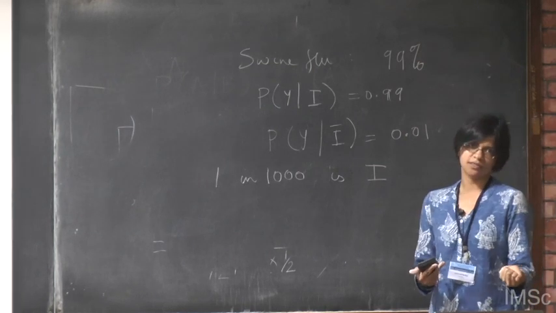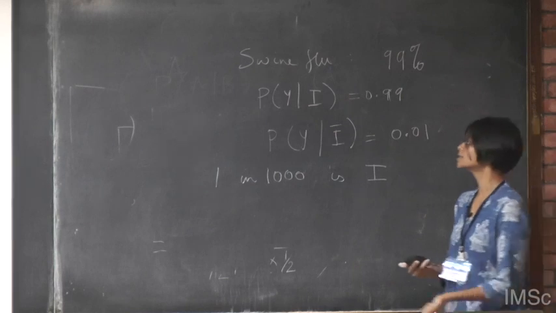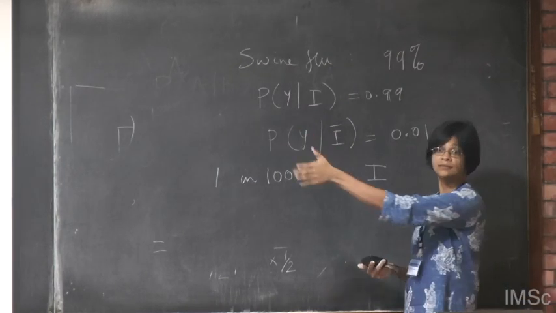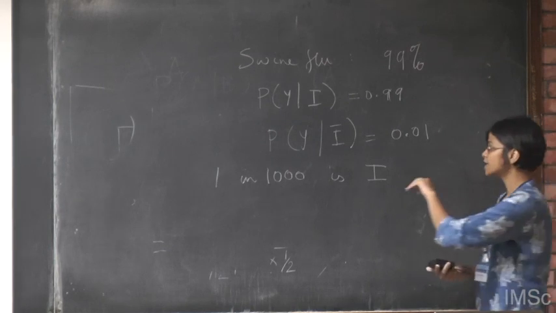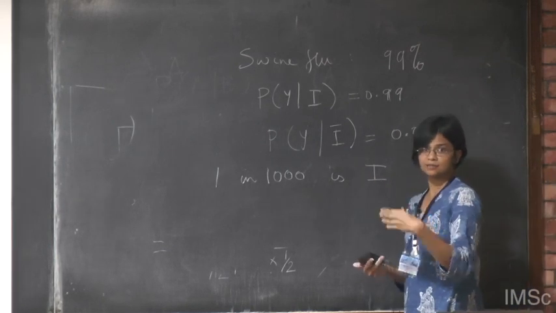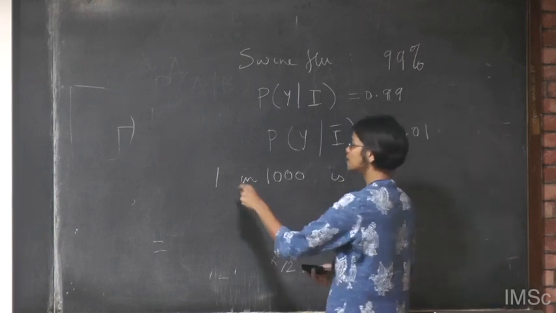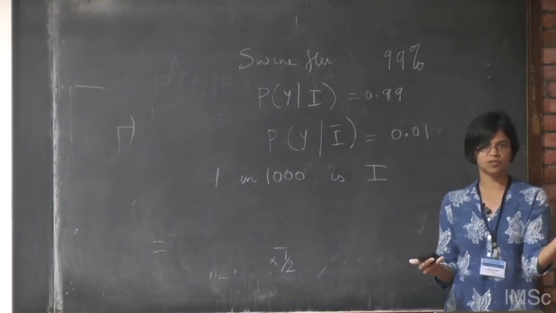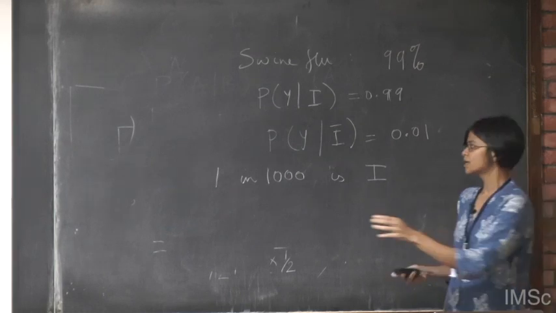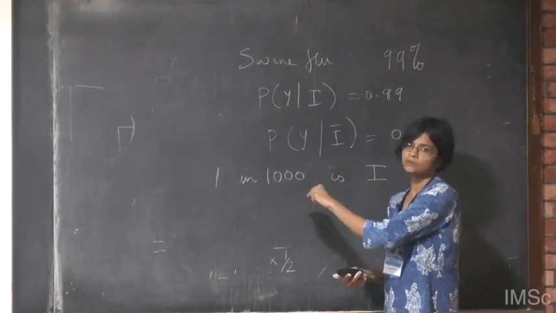But the doctor looks at the result and says, I understand that you have come to me with a swine flu test, but my prior experience, as I have treated many people, is that the probability, without knowing that you took the swine test or anything, is really tiny. It's only 1 in 1,000.